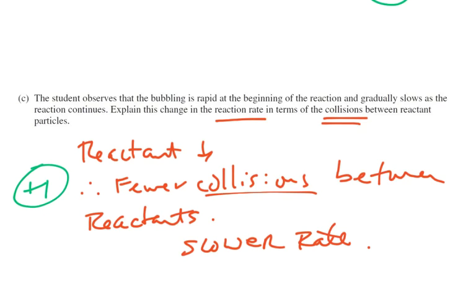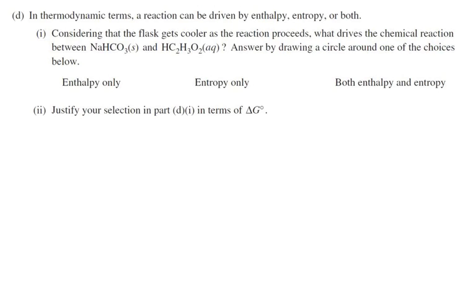So 5 so far. Now, in thermodynamic terms, a reaction can be driven by enthalpy, entropy, or both. Considering that the flask gets cooler, we know that delta H is a positive number; the reaction is absorbing energy. What drives the chemical reaction between sodium bicarbonate and acetic acid?